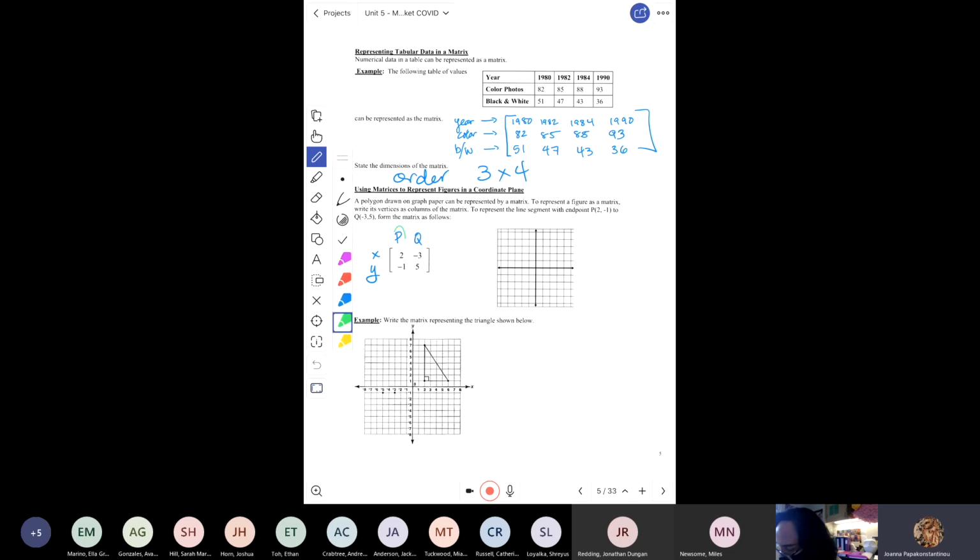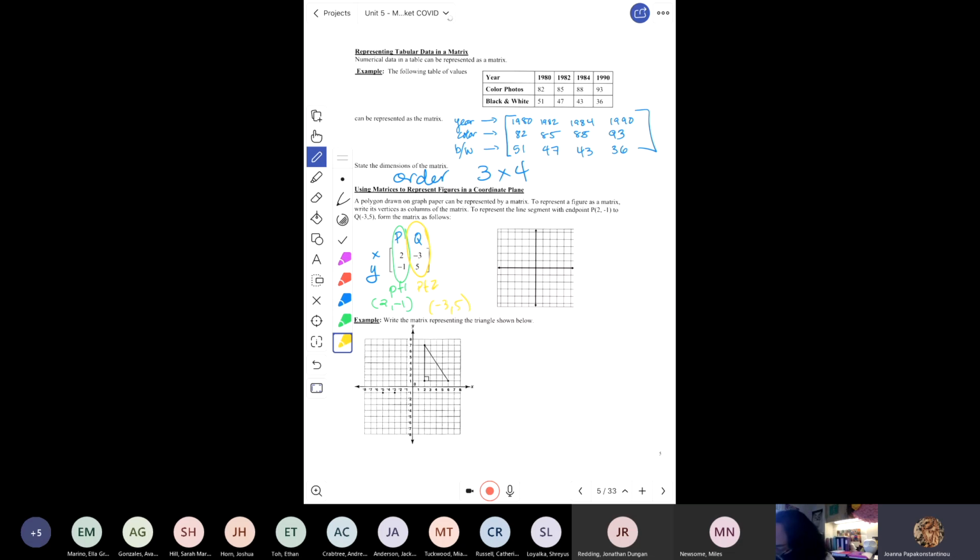So this is point 1, and it is the ordered pair 2, -1. This is point 2, and it represents the ordered pair -3, 5. I would have to tell you what the data represented, but I'm telling you that each column represents a point that consists of an X and a Y value denoted in the rows.